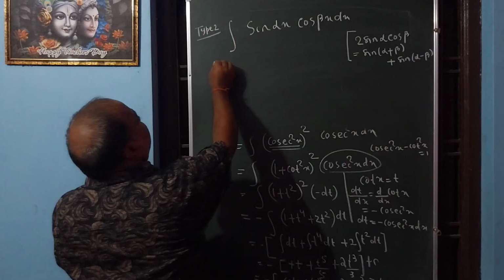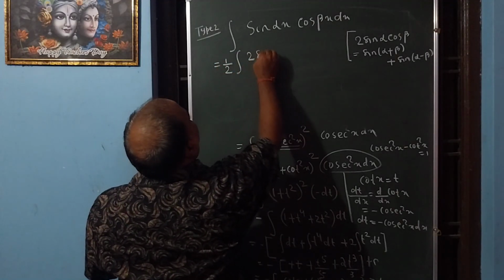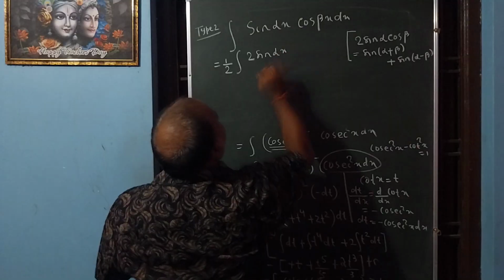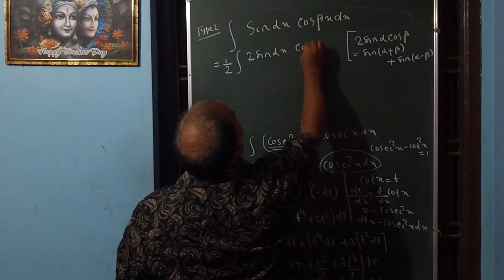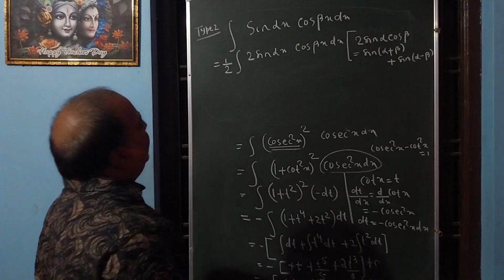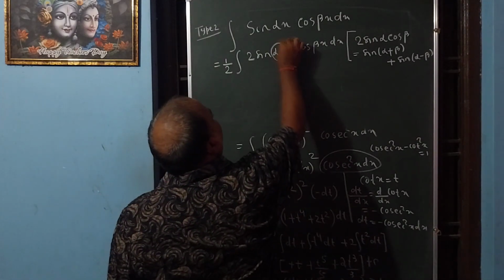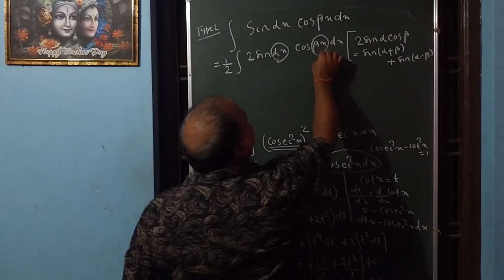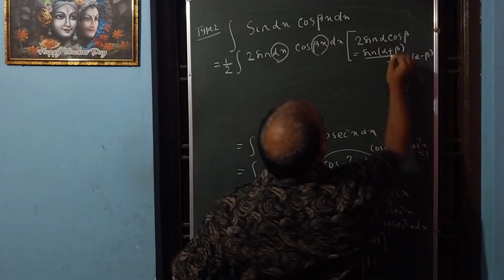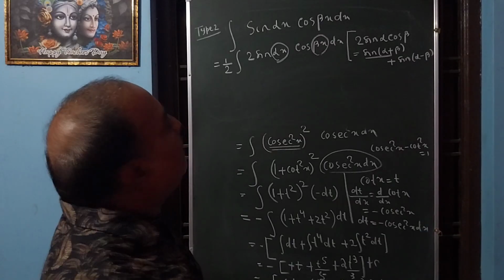So we get 1 by 2 integration of 2 sin alpha x into cos beta x dx. Now this can be replaced using the formula as sin of alpha plus beta plus sin of alpha minus beta.